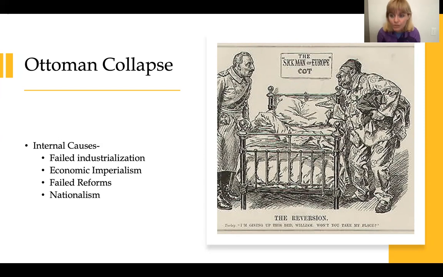They practice a different religion. Okay, so white Christians or these Eastern Europeans are going to start asking to break away from the Ottoman Empire. They want to form their own nation states. Okay, so nationalism is also going to be a major component.